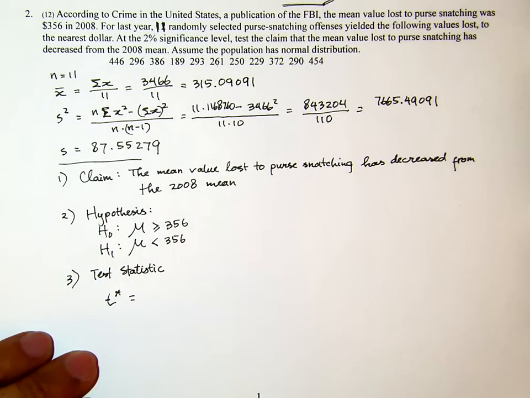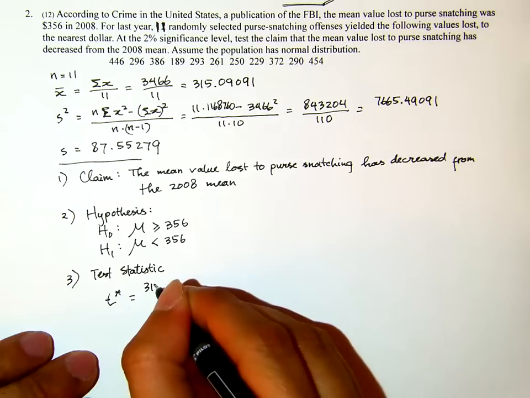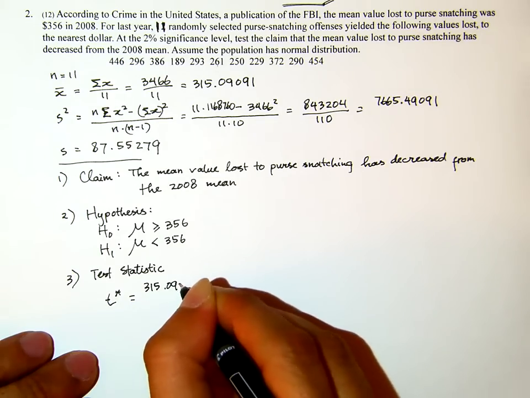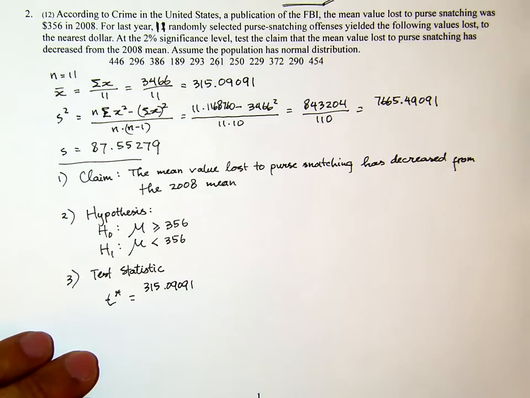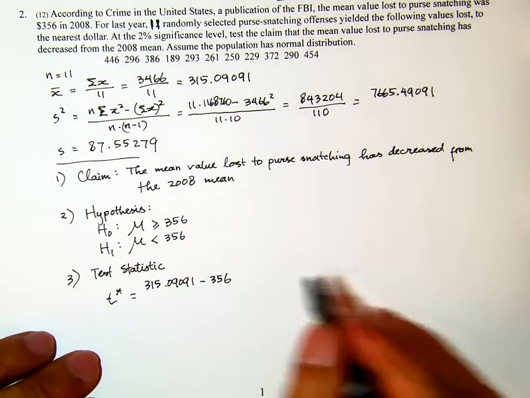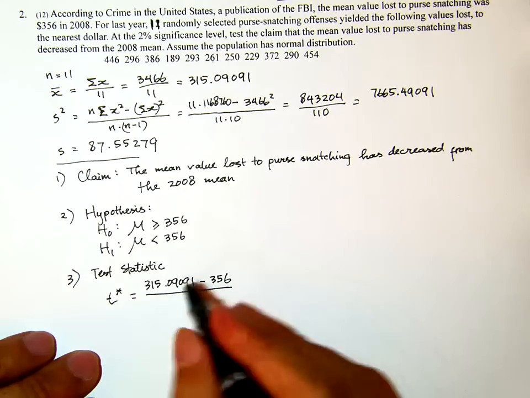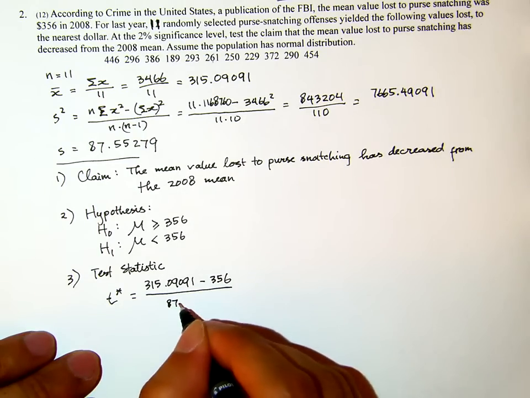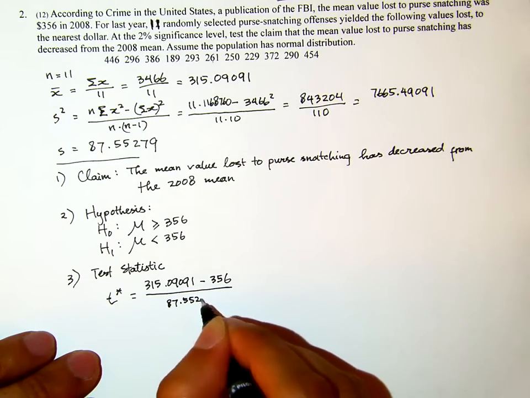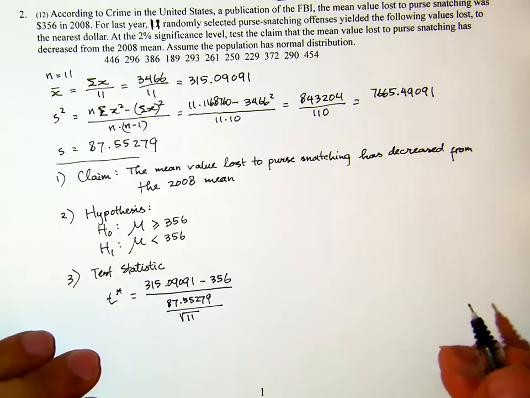That will be 315.09091, the x bar, minus the supposed mu, which is 356, over the standard deviation of the sample, 87.55279, over square root of 11.